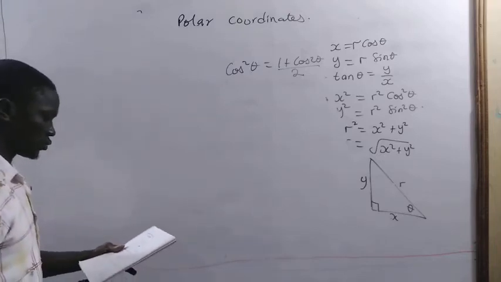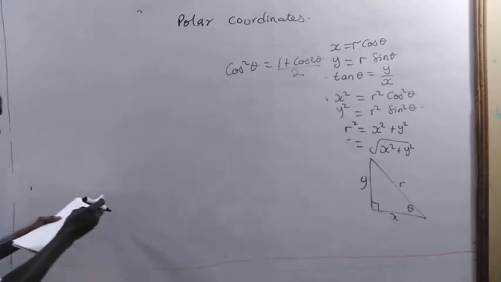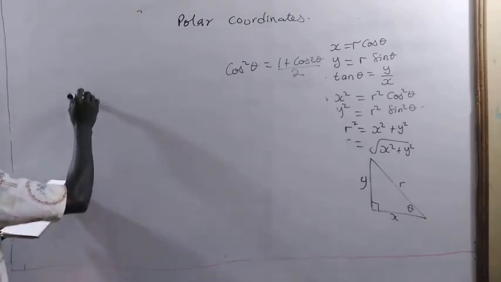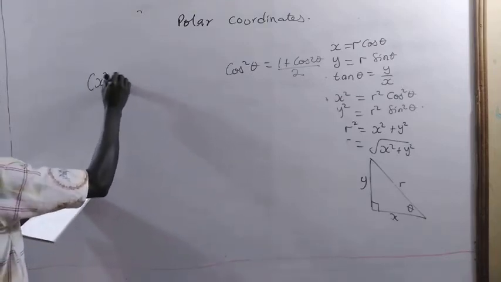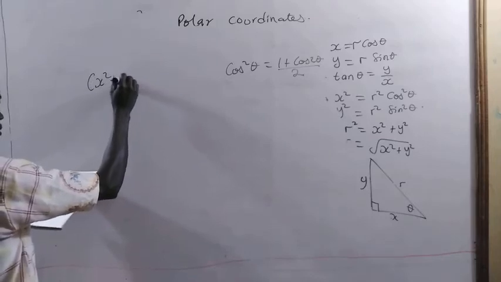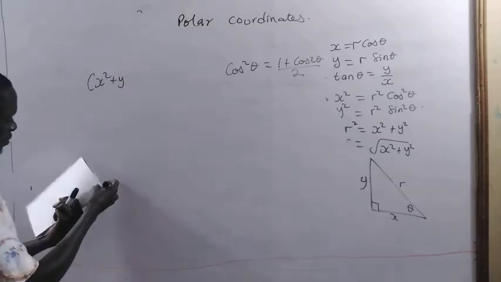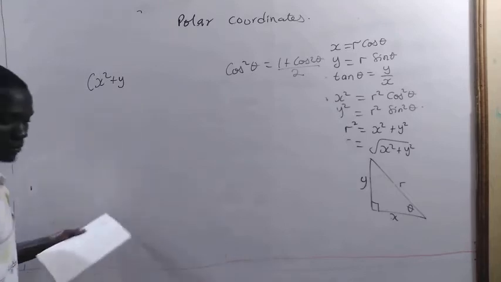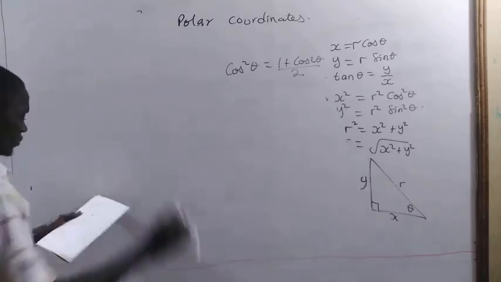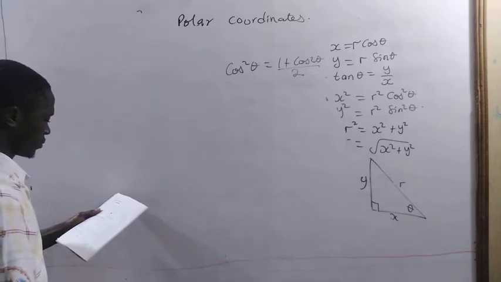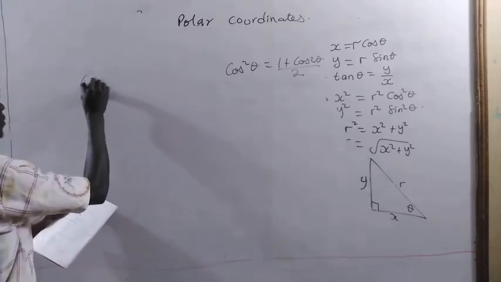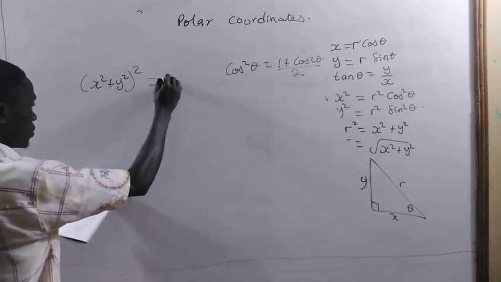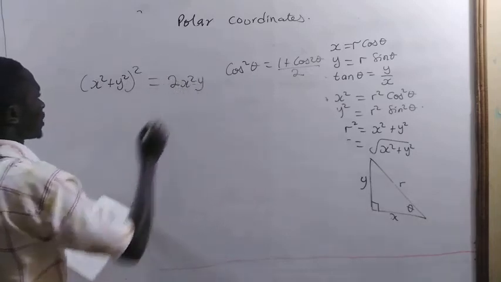Now let's look at the next one. If I have into bracket x squared plus y squared all squared is equal to 2x squared y.